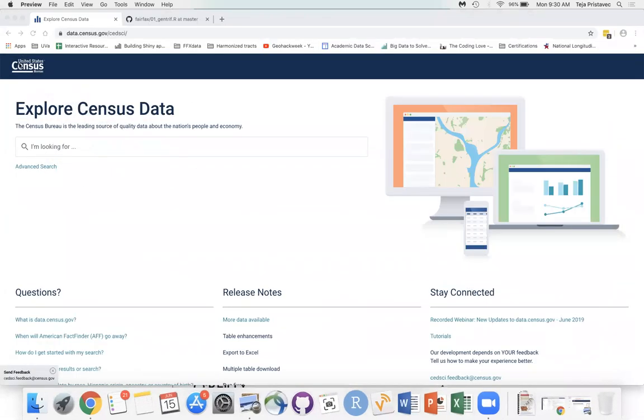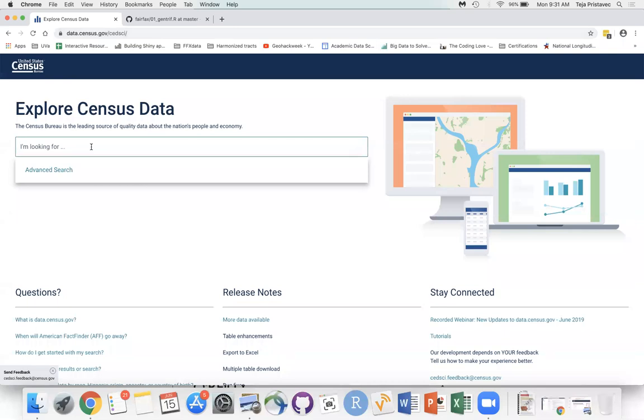If you're completely new to working with Census and ACS data, the easiest way to see what's actually in the back of what you're pulling through the API is to go to data.census.gov, which is going to throw you this nice little one-line search bar. Let's say that we're interested in educational attainment in the US.